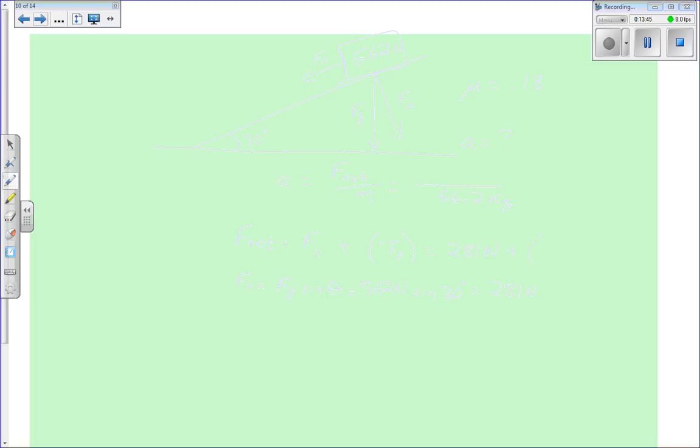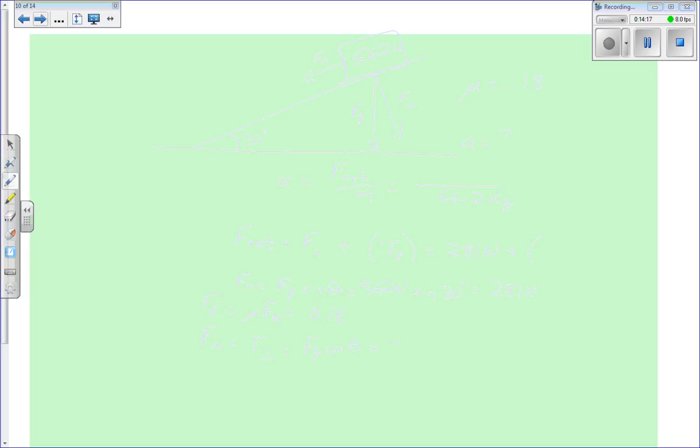Now, the friction force is equal to the coefficient times the normal force. Coefficient is 0.18. Normal force we don't have yet. But we know that the normal force is the same as the perpendicular component of the weight. So that's equal to the weight times the cosine of the angle.